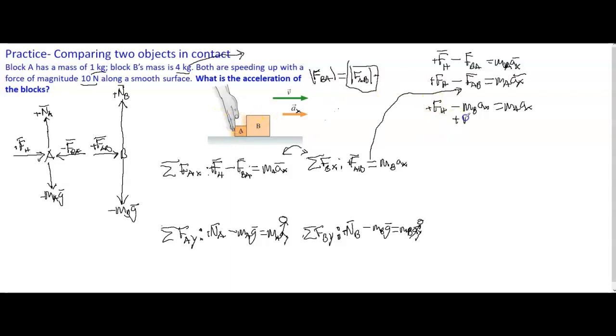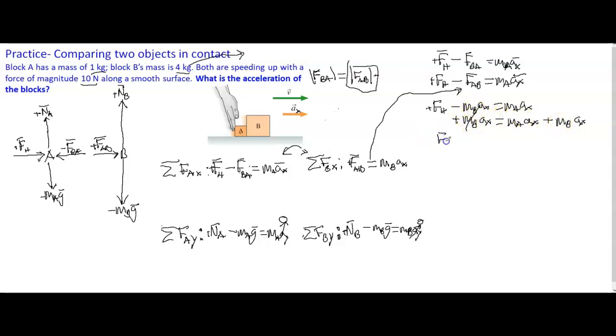So I'm going to add the inertia of block B to both sides. And that will eliminate this part and bring it over onto the other side.